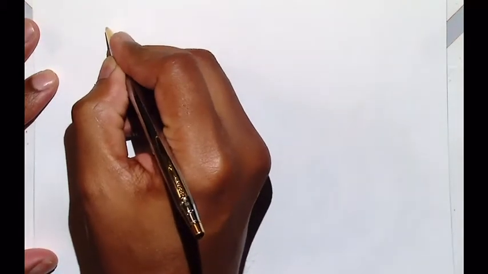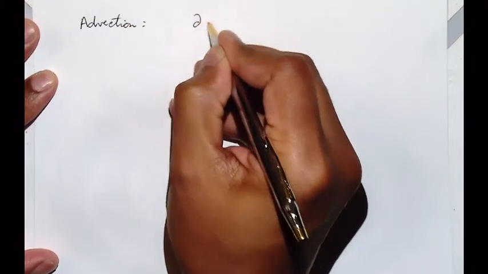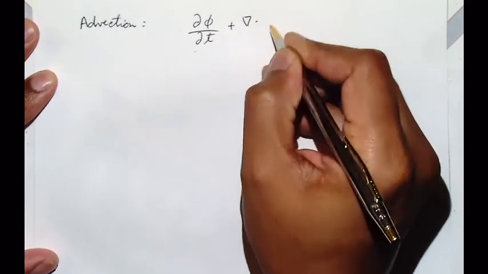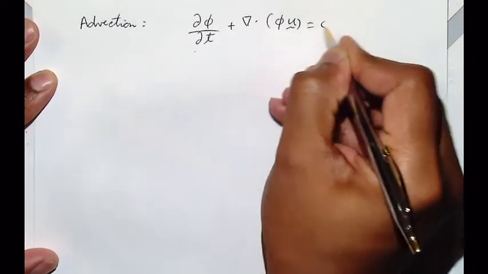Okay, so let's see. All right, so today I will try and finish my volume, and next week we'll start talking about turbulence. If you remember, we had the advection equation, where we had ∂φ/∂t plus ∇·(φu) equals 0, right?